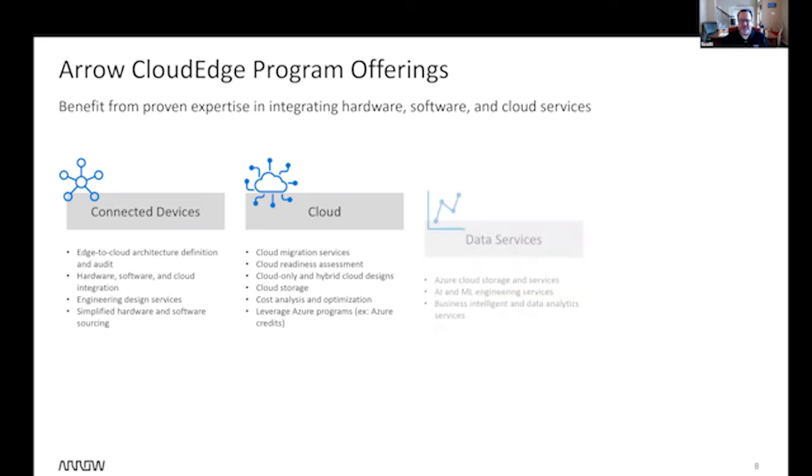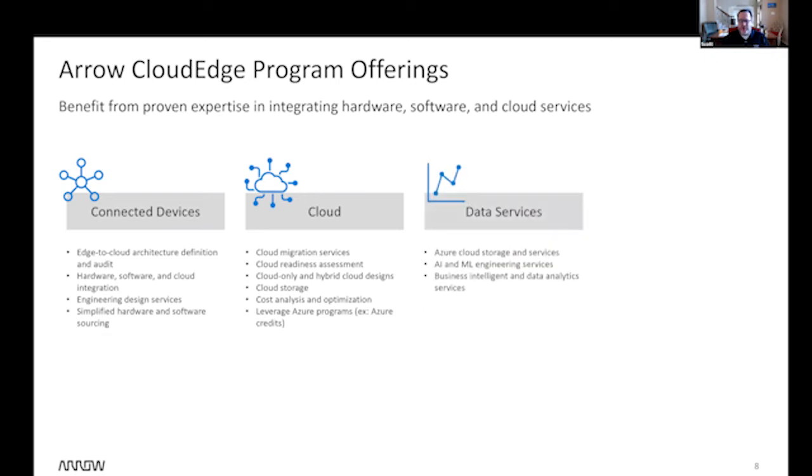From a data service side, Arrow's working hard to recruit partners that can support these different areas. Everything from Azure cloud storage and services to artificial intelligence, machine learning, business intelligence, and data analytics. We integrate these services that AIS knows in terms of life cycle and remote management, support, manufacturing, repair, warranties.